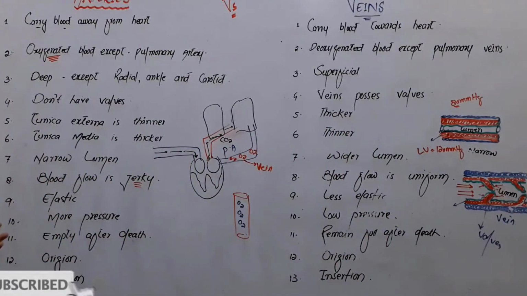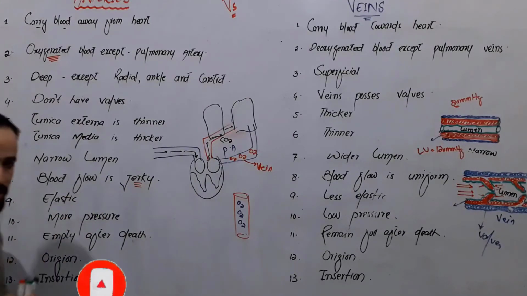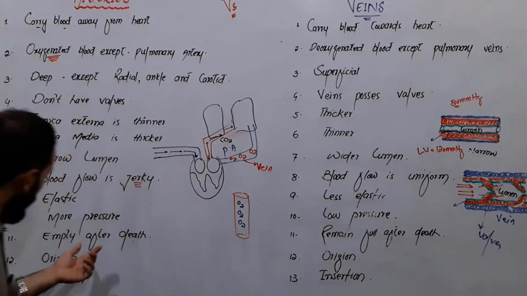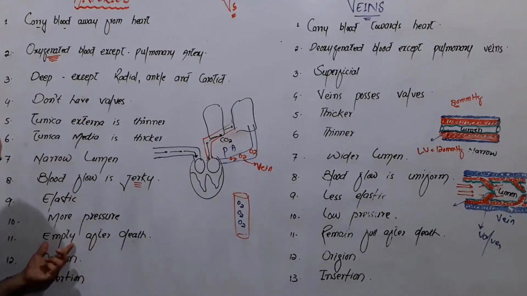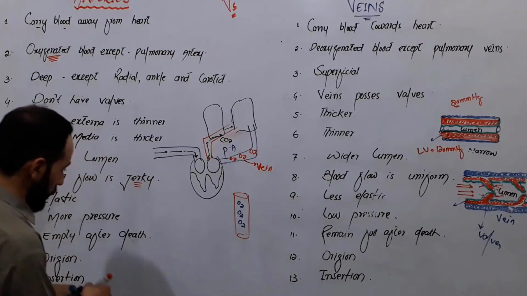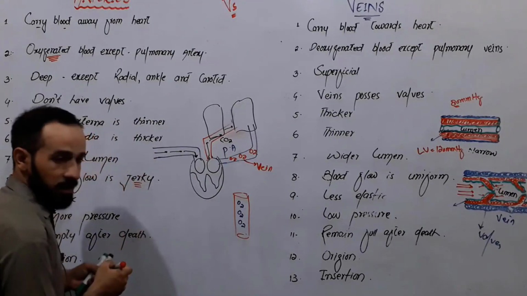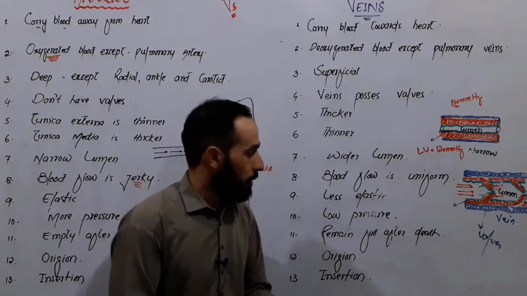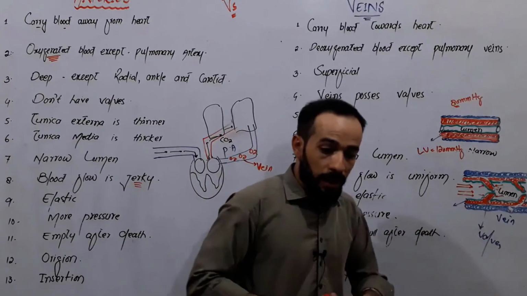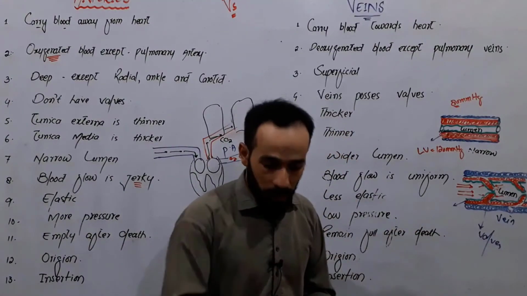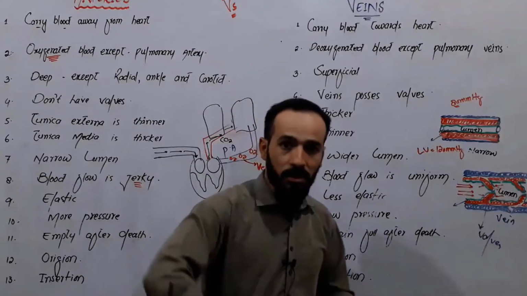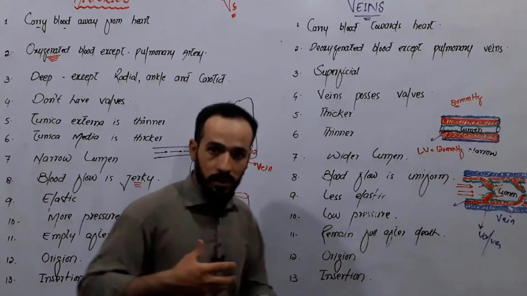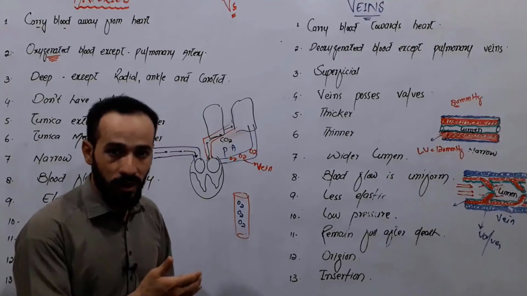Okay, the next important difference between arteries and veins is that whenever a person dies, the arteries of that person will be emptied. What is the meaning of this? Whenever a person dies, the blood will be poured into the veins, and that blood will remain in the veins, and the blood cannot come back to the heart so that it could be pushed towards the arteries.